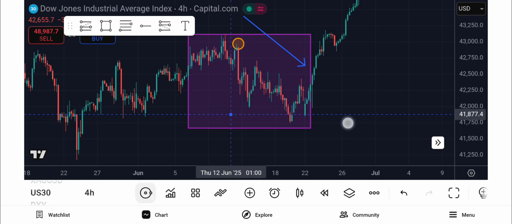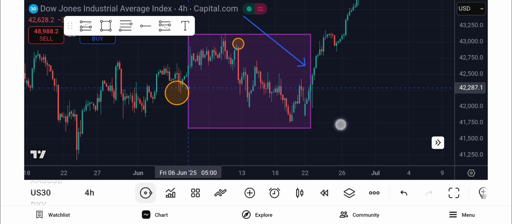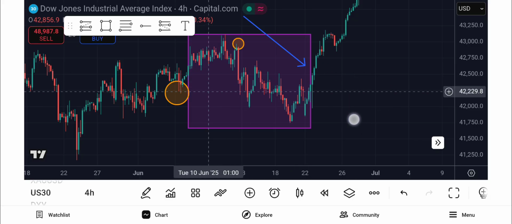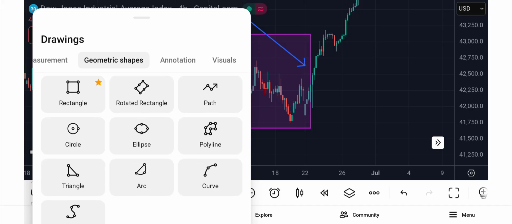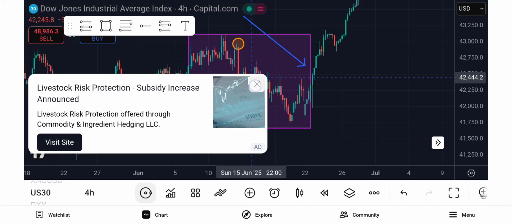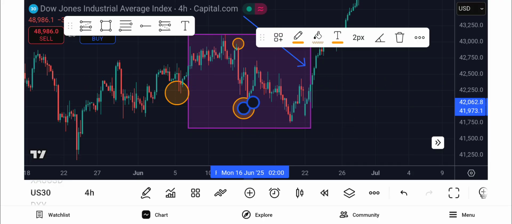The high low that took out, let's say, this higher low. Excuse me, this higher low took out this lower high, and formed this lower low.